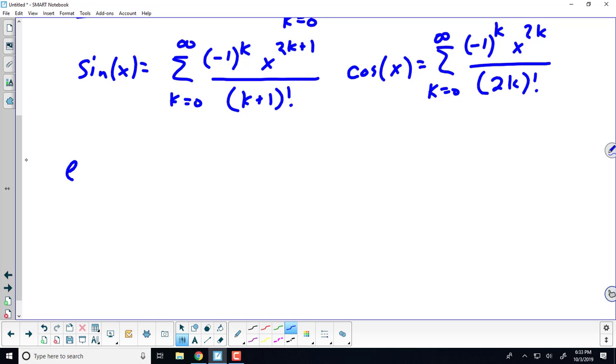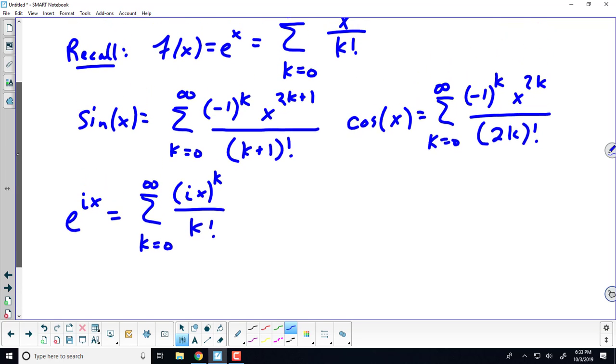So let's look at e to the ix. E to the ix is the sum from k equals 0 to infinity of (ix) to the k, all over k factorial. What did I just do?